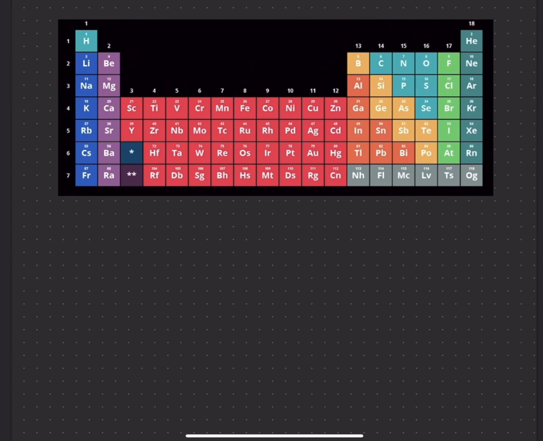So the elements in the periodic table of elements are arranged by atomic number, by their chemical properties, which are linked to the valence electrons, and the valence electrons are indicated also by the number of the group.